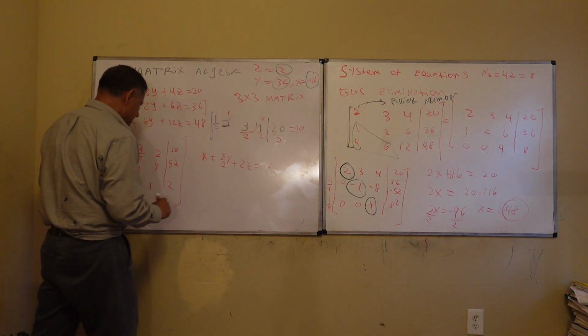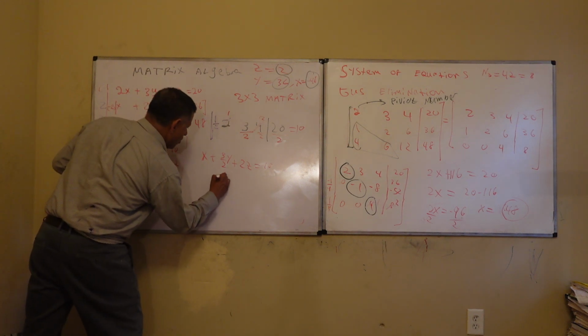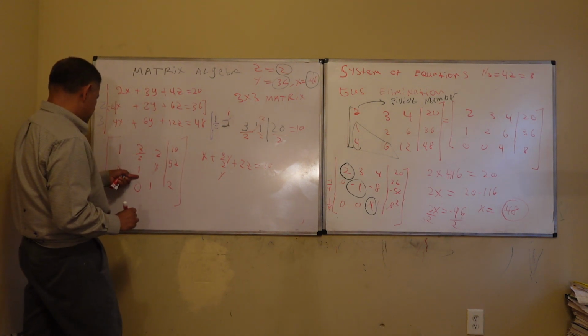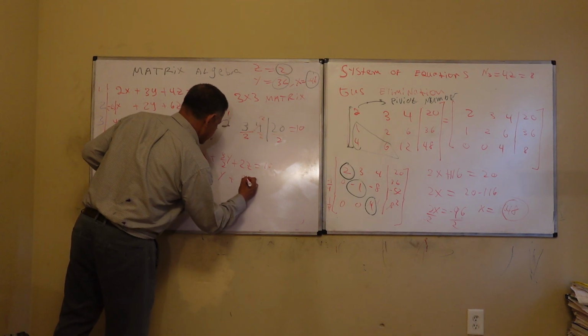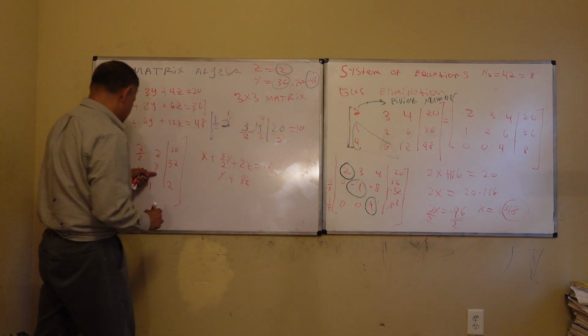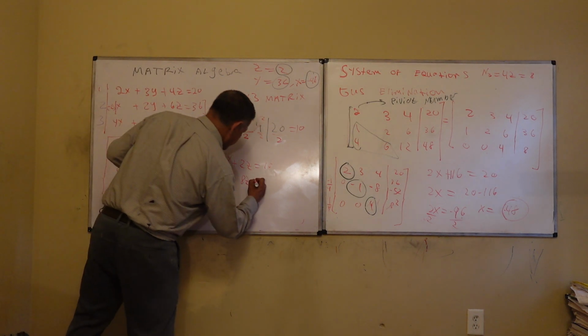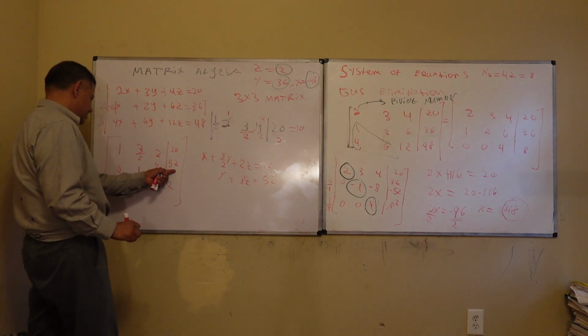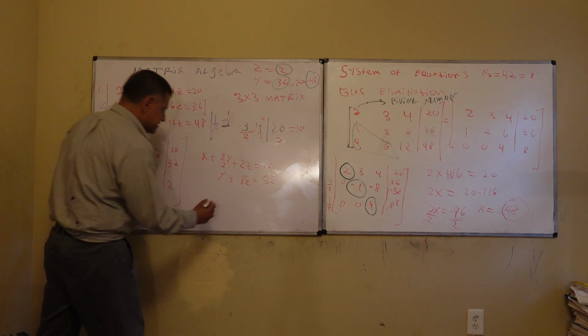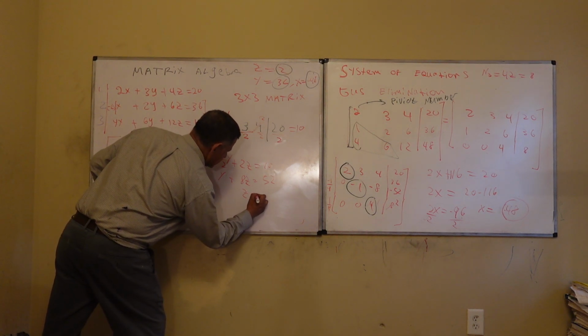Okay, and then we have y plus 8z, which is equal to 52. And then we got z is equal to 2.